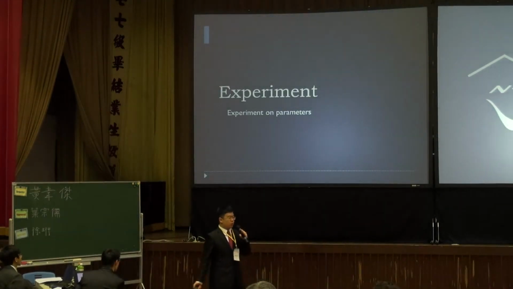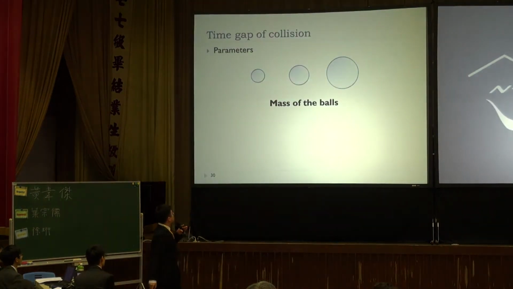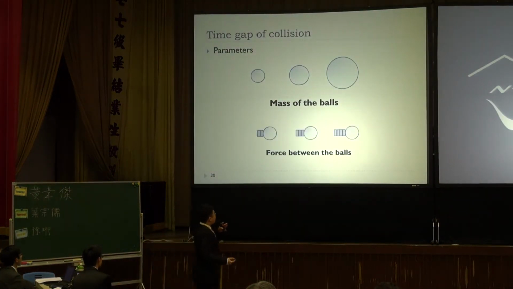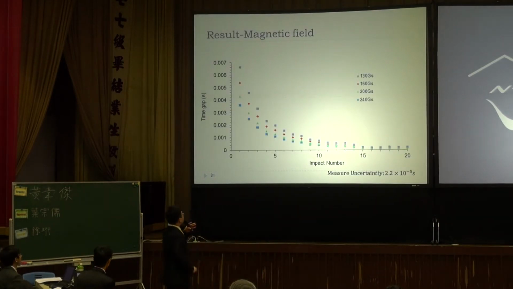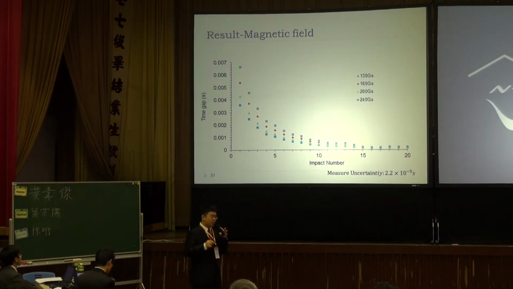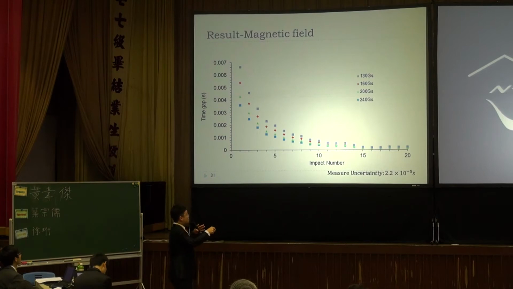Okay, so this will be the experiment part. We investigate various parameters. First is the mass of the ball, and the force between the balls. We're simply adding magnets to the ball we are impacting. This is the result of changing the magnets on the ball, and this is the actual experimental data we collected.